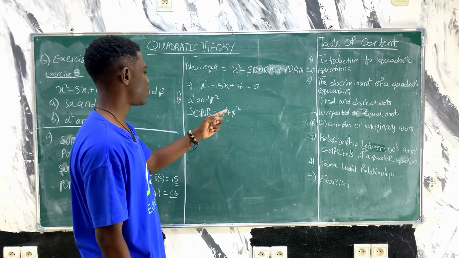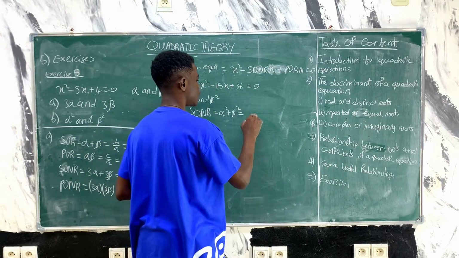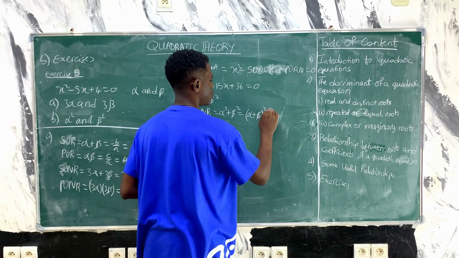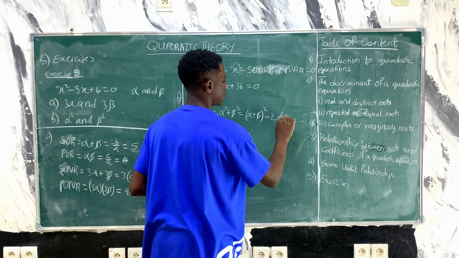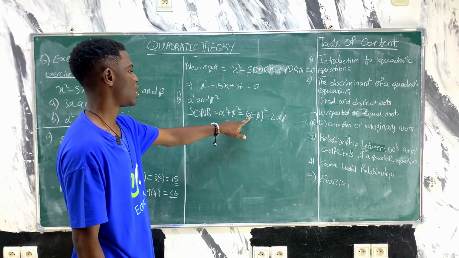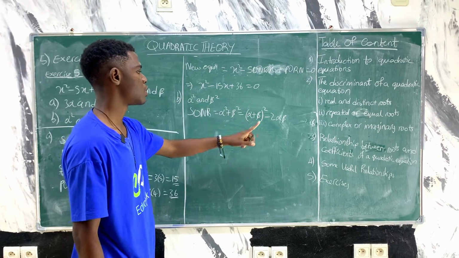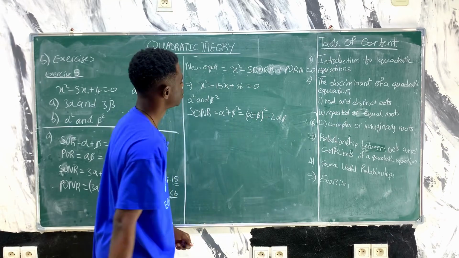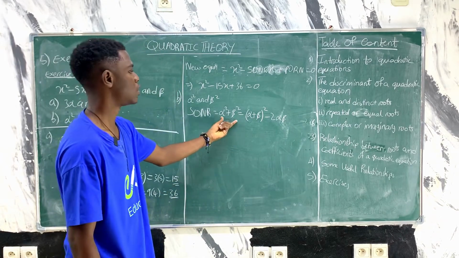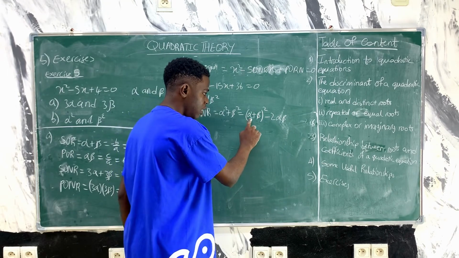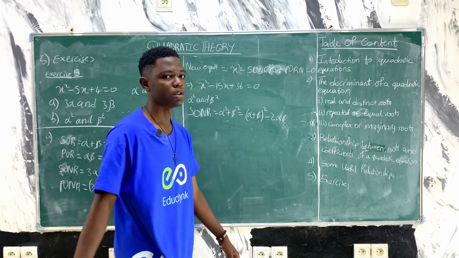There we showed that alpha squared plus beta squared is actually the same as alpha plus beta all squared minus 2 alpha beta. You can check it out. You open this bracket, you have alpha squared plus 2 alpha beta plus beta squared. And minus the 2 alpha beta in the middle, we have alpha squared plus beta squared. So we put it in this form so that we can have alpha plus beta and alpha beta only.